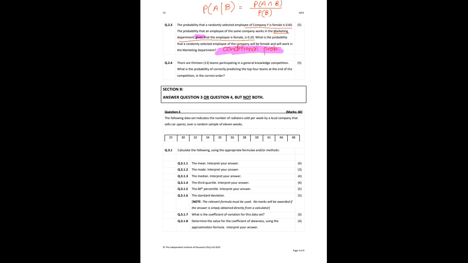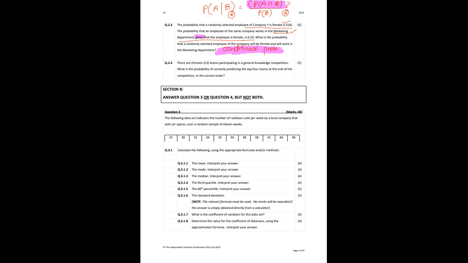And you are asked now to calculate the figure at the top, meaning you know the probability of the person being a female, you know the probability of the person working in the marketing department given that they're female. And now you want to know the probability of it being a female and someone who works in the marketing department.